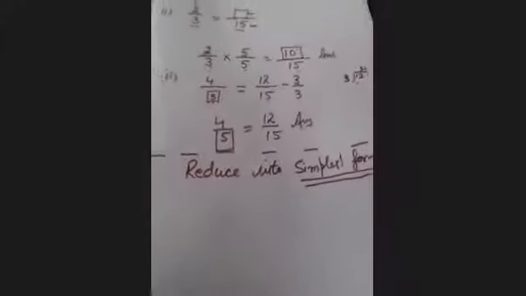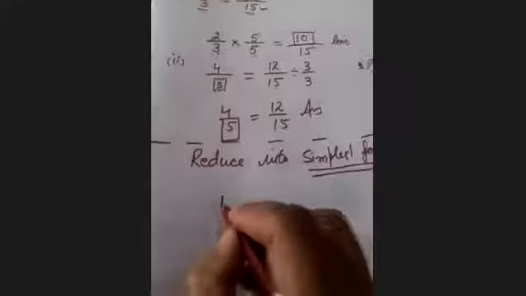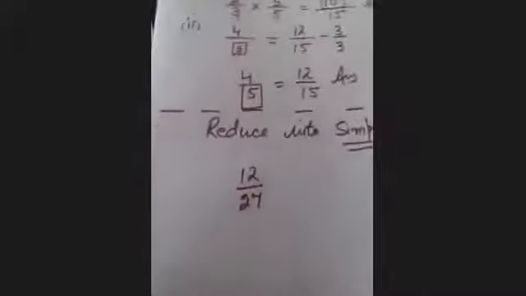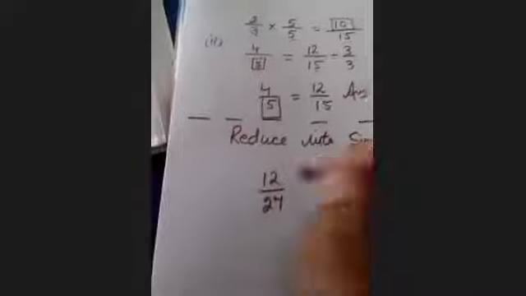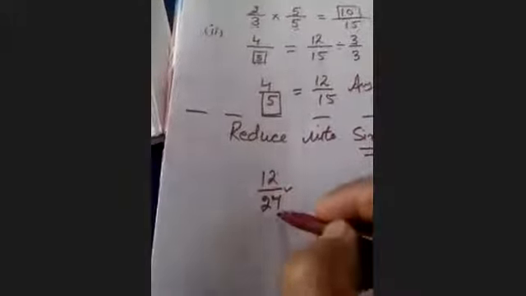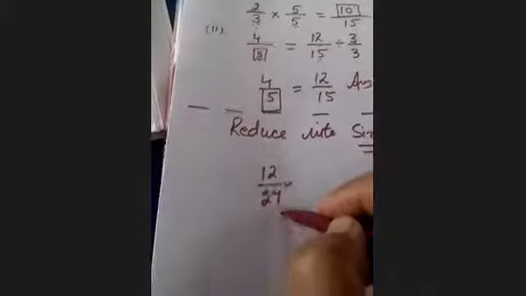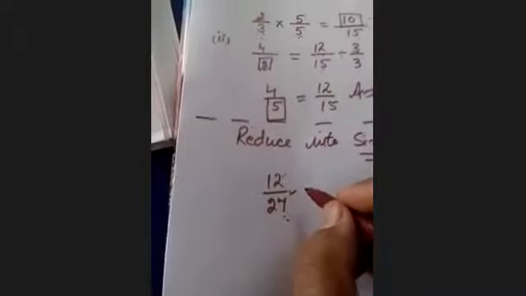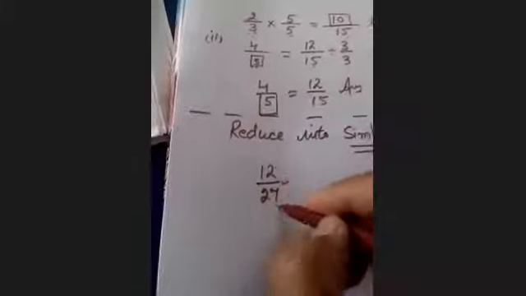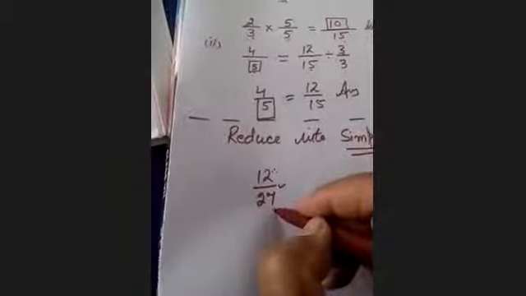Now convert 12 upon 27 into its simplest form. To convert this, students, we will observe 12 and 27. 12 and 27 both are multiples of 3.